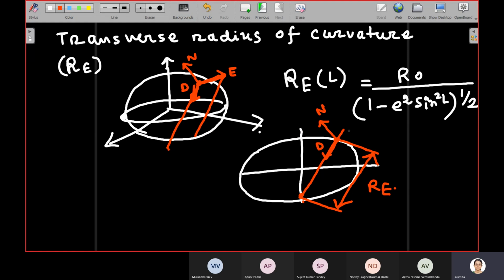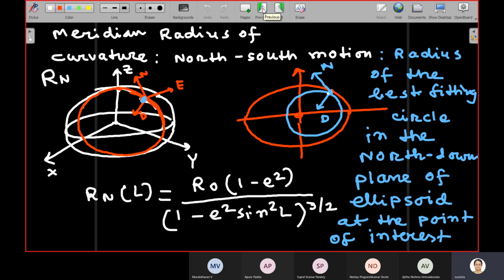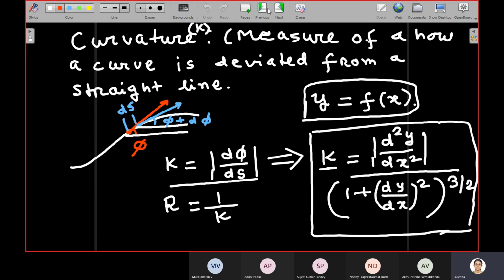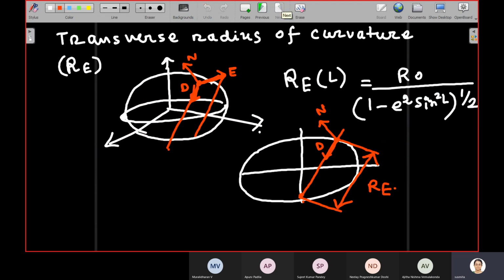So we denoted this point as, so let's call it C and this D. So CD is actually RE.